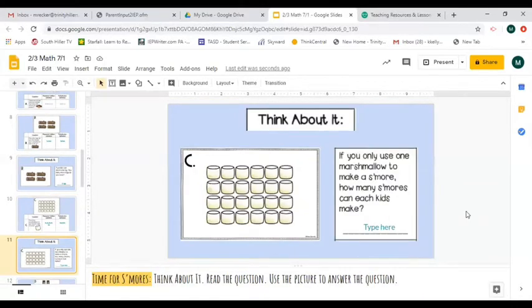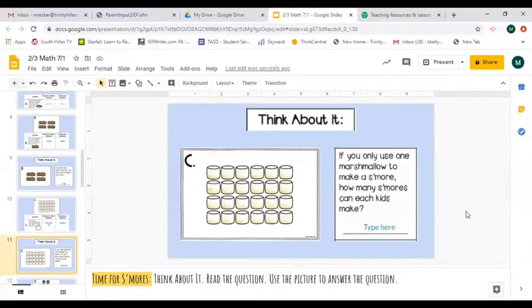If you only use one marshmallow to make a s'more, how many s'mores can each kid make? So to figure this out, I would probably divide the 24 marshmallows that we have by the number of kids that we have.